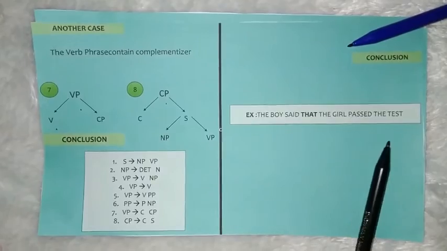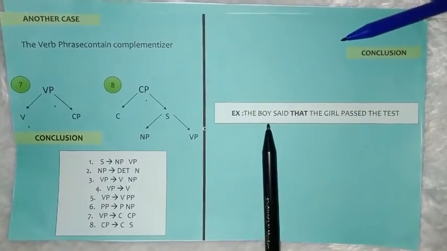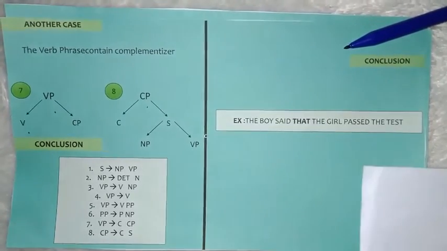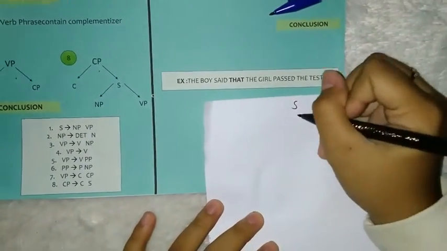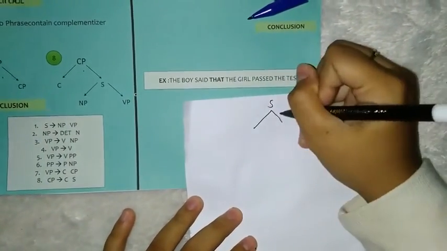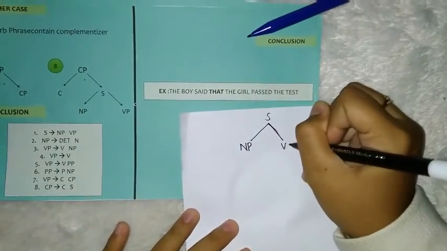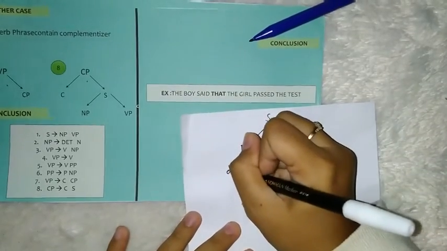So we're gonna make a conclusion based on this sentence. The boy said that the girl passed the test. So we're gonna transfer it into the tree, and of course we have noun phrase with verb phrase. Noun phrase is never changed until this slide.